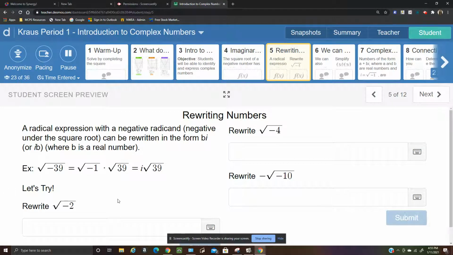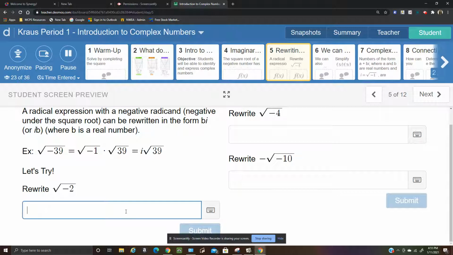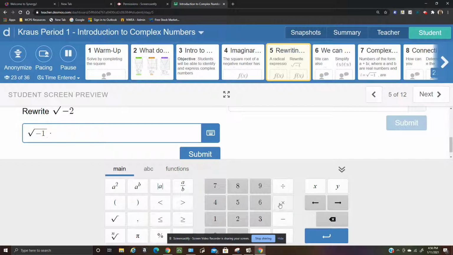And then on slide 5, so rewrite the square root of negative 2 would be the square root of negative 1 times the square root of 2, which equals i square root of 2.